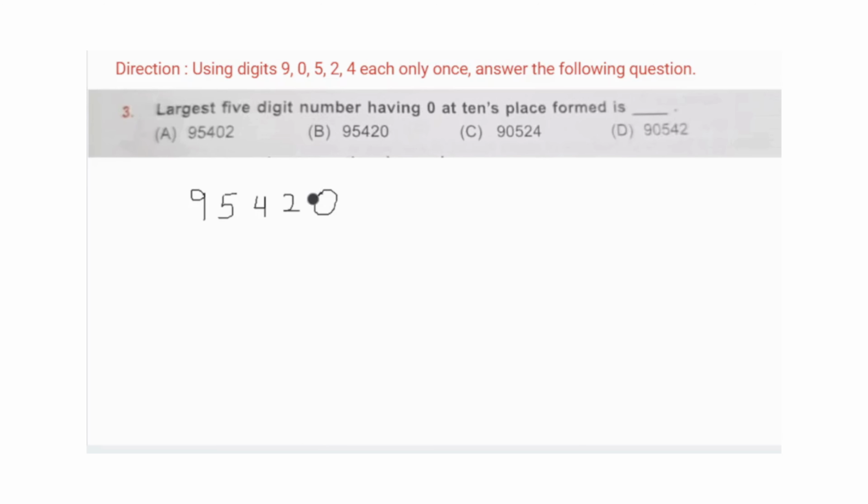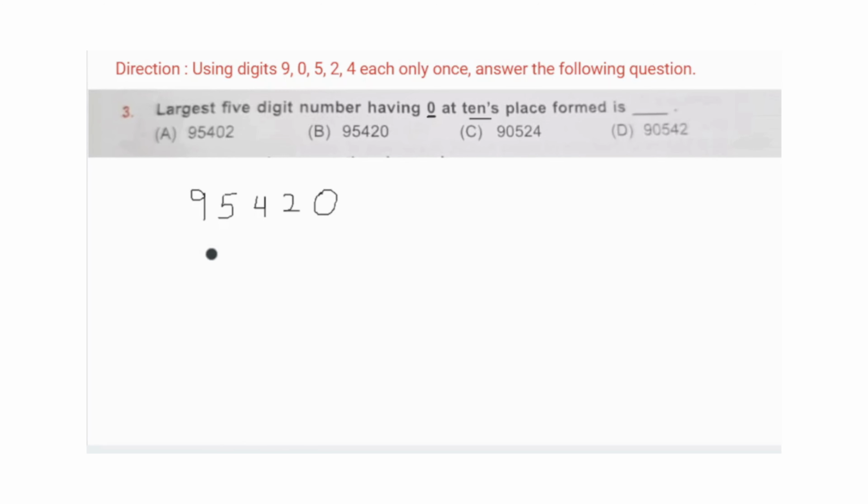So if we just see the following number, we feel the answer B is correct. But the question, if you read it carefully, says largest 5-digit number having 0 in the tens place.